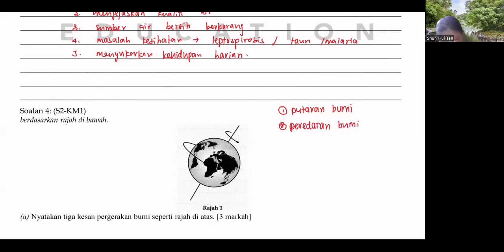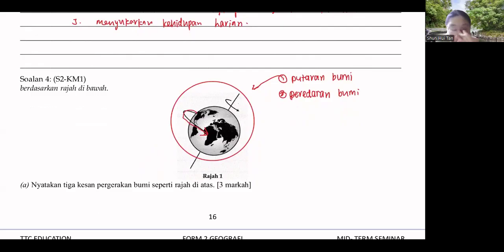And let's discuss and do together with this. So you look at the pictures of question 4. What is this? When you see it, they draw it in this way. Definitely it's going to be putaran. So, what is putaran? Putaran means berputar pada paksinya. Okay?